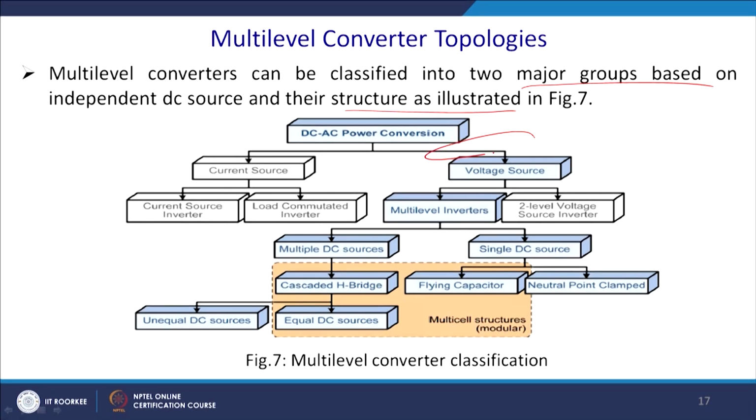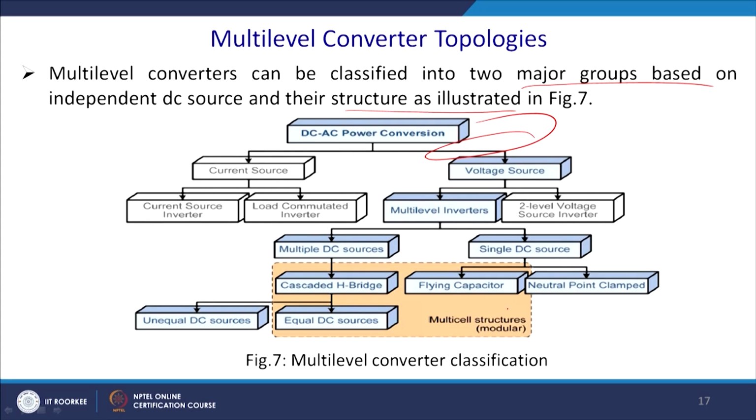For DC to AC power conversion, generally we go for the voltage source. So, you may have a voltage source that is multi-level inverters and 2 level inverter. Considering their harmonic content and the device rating, the multi-level converter is preferred, and it can be broadly classified into multiple DC source and single DC source.